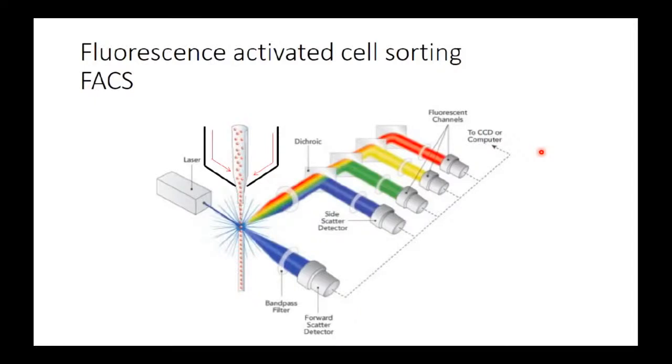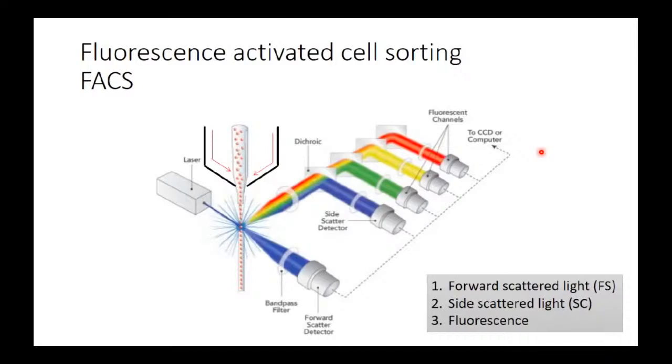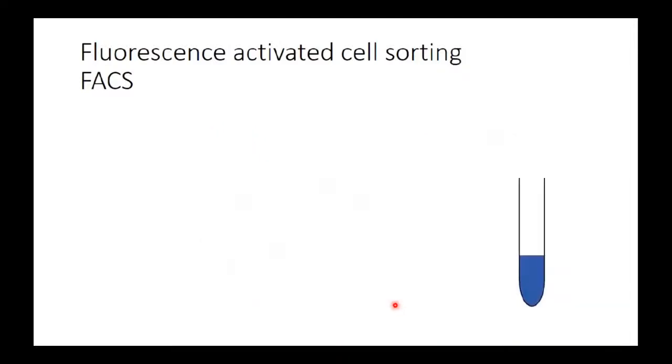Now let's speak more in details. As we saw in flow cytometer, we have forward scatter and side scatter. Here we have also the fluorescence. So say that I have a cell mixture. Inside this mixture, I have cells who are expressing a particular protein, and other cells who are not expressing the protein of interest.